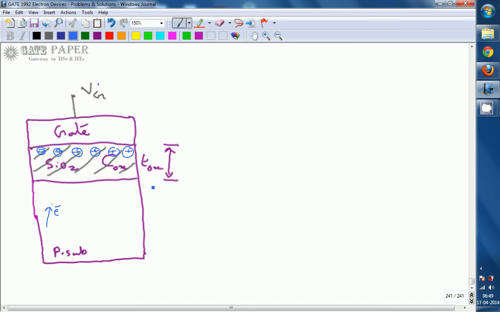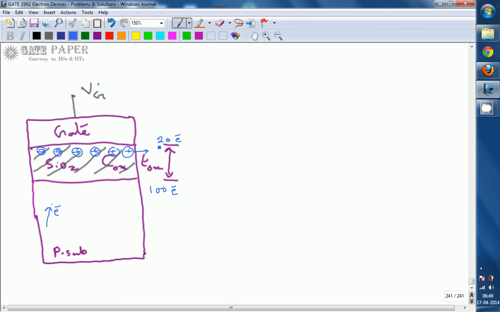Let us assume 100 electrons are required to get the inversion region, and this positive charge attracts 20 electrons. So the voltage you must apply at the gate is only the voltage required to attract the remaining 80 electrons.